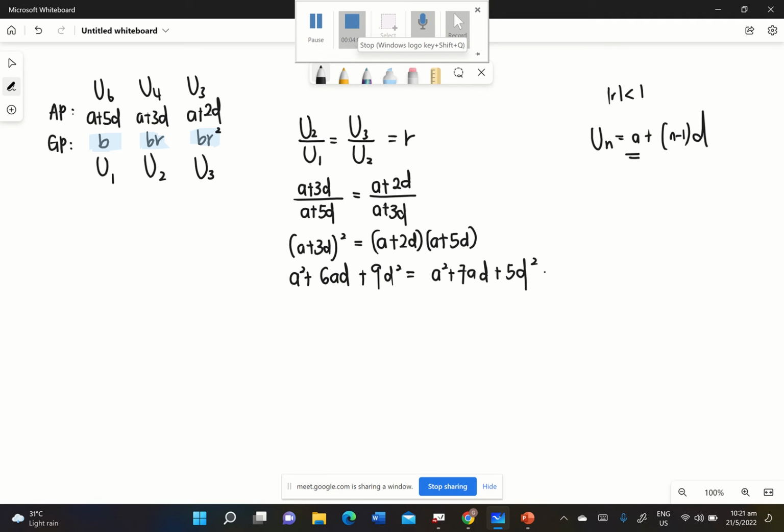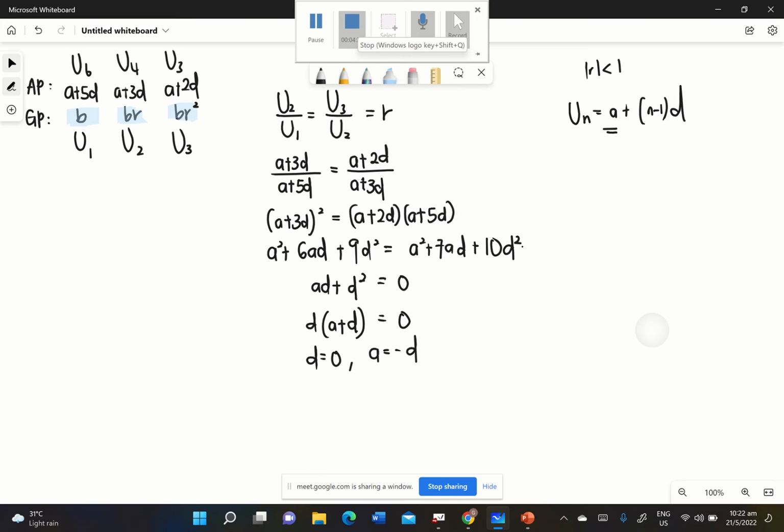Then usually the A squared will cancel out. Then I'm going to get this. Very typical solving questions. You must get it right. When done, let me know.